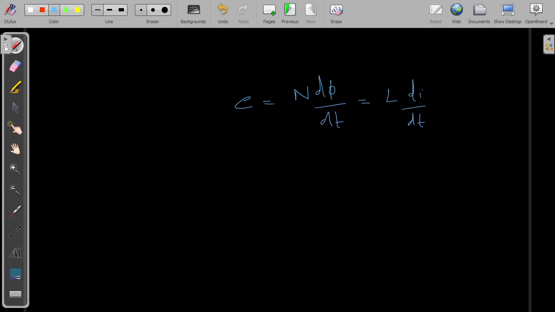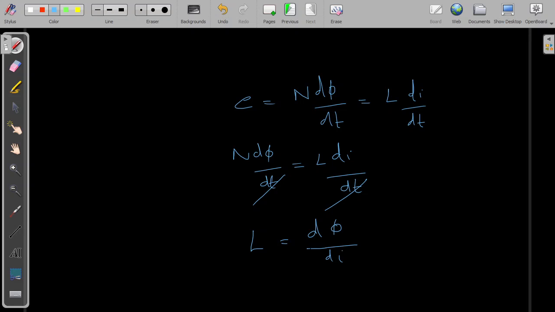Now we are equating these two formulas, that is N d phi by dt is equal to L di by dt, and dt cancels, so L is equal to N d phi by di.